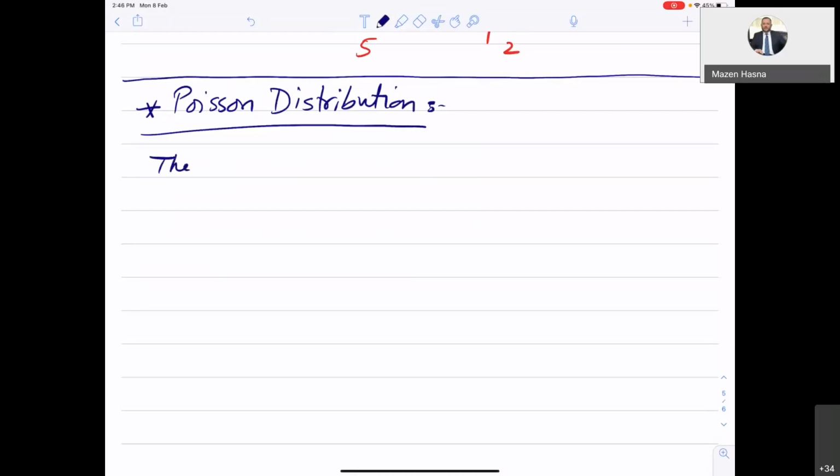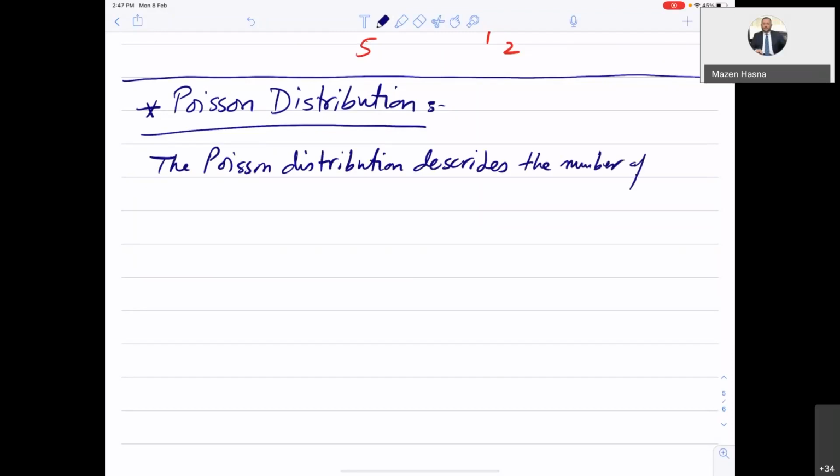So the Poisson distribution describes the number of times an event occurs during a specified interval.